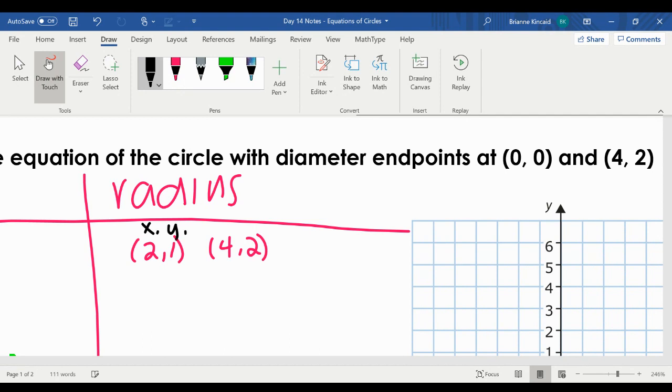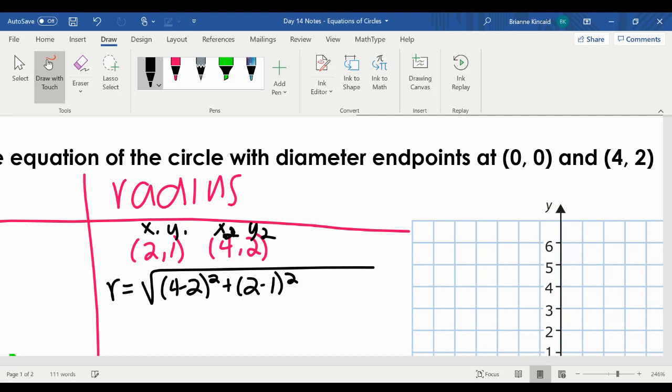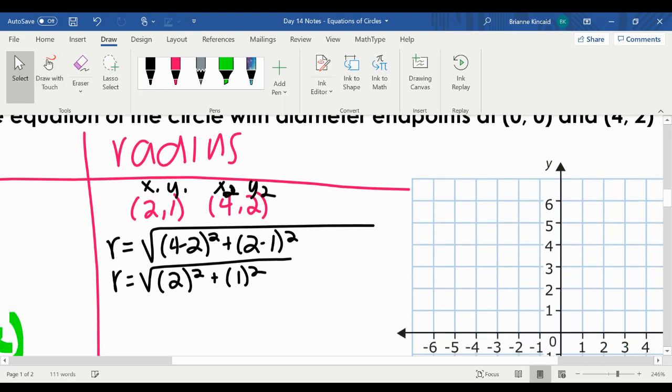So x1, y1, x2, y2, and we plug it into the distance formula. So distance equals, or this time our radius equals, the square root of 4 minus 2 squared plus 2 minus 1 squared. 4 minus 2 is going to give us 2. 2 minus 1 is going to give us 1.